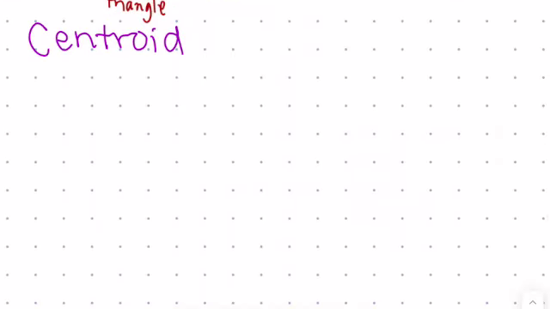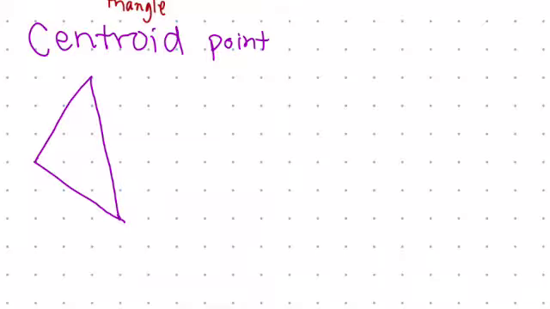Then we have the centroid. So the centroid, again, I need to draw a triangle. I will try to draw one a little bit different than the last ones, just for the sake of being exciting. Okay, a centroid is the point where the medians meet.